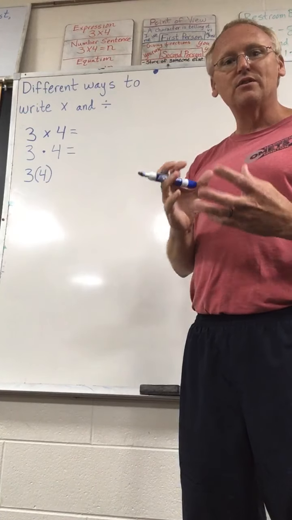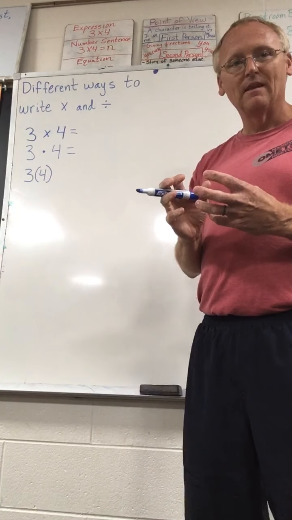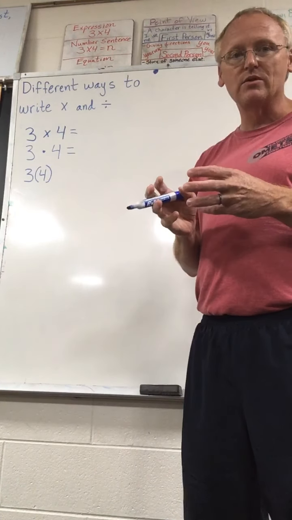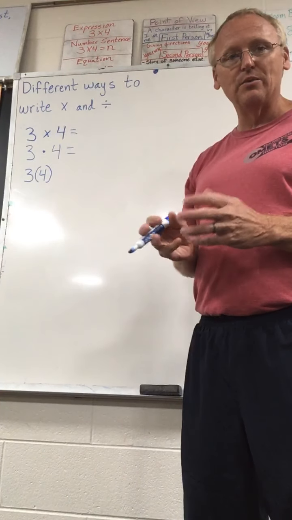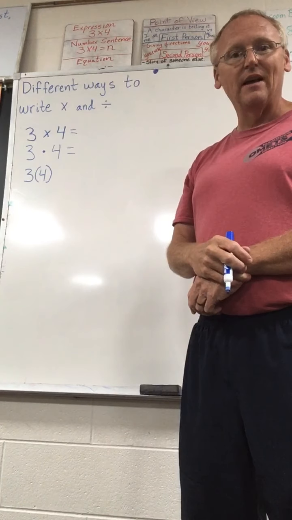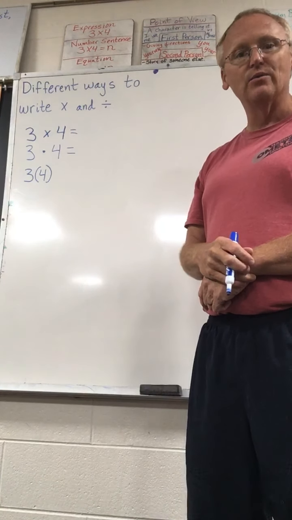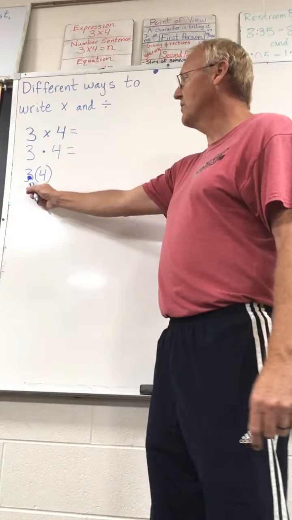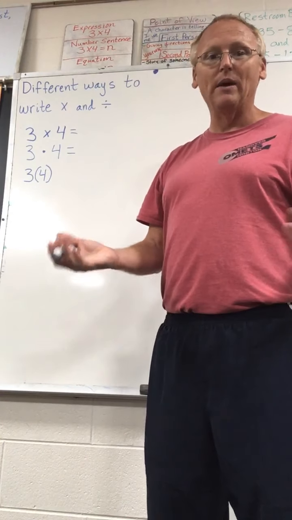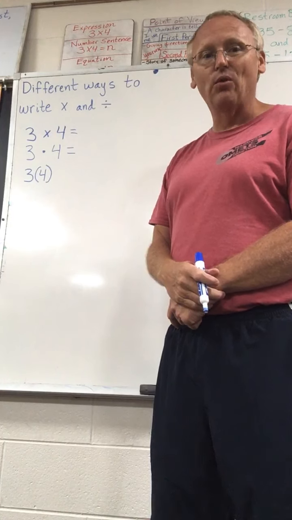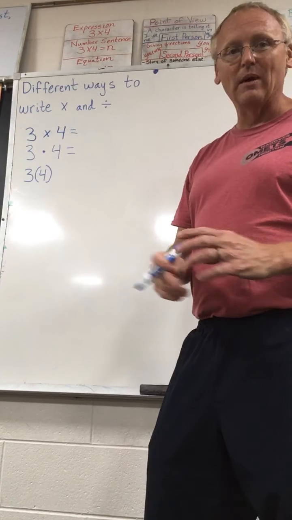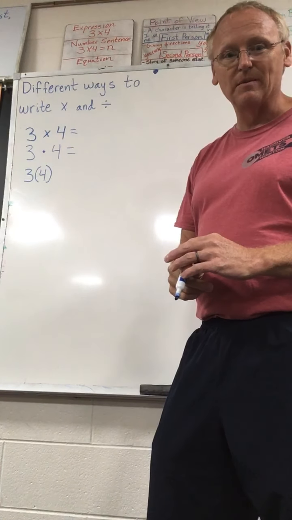So anytime you see two numbers next to each other with brackets or parentheses, something like that, if they're right next to each other with no sign, that means they want you to multiply the two together. So this is actually 3 times 4. It's not a weird looking 34. It's actually 3 times 4. So those are the different ways that you can write multiplication.